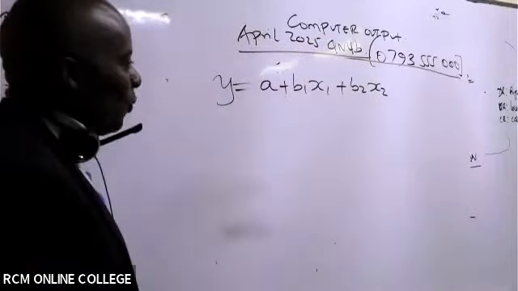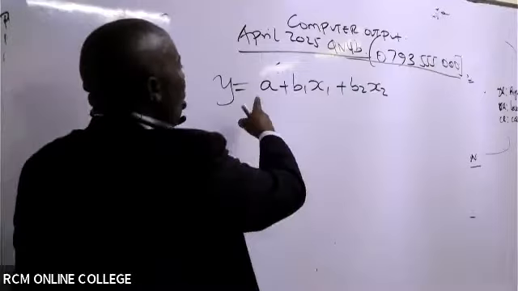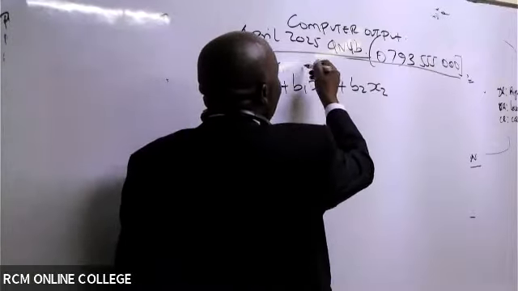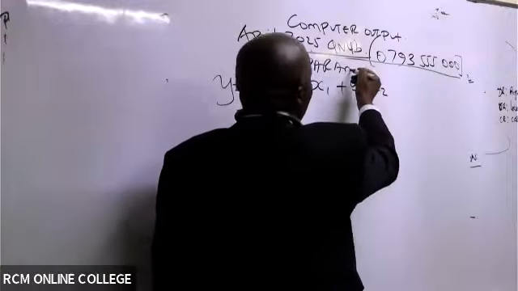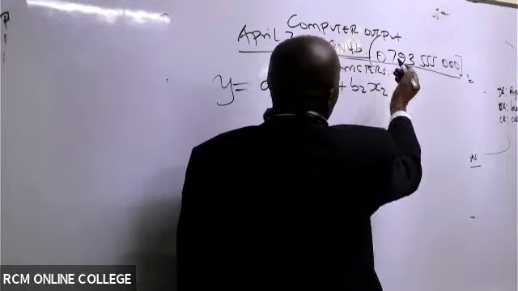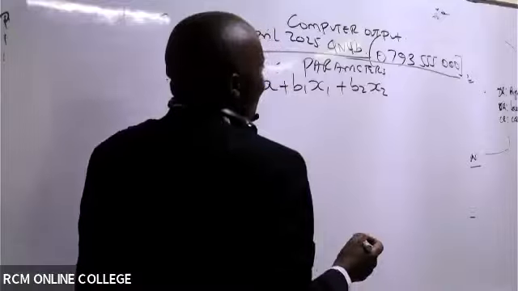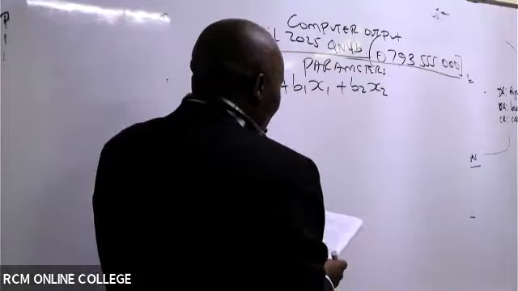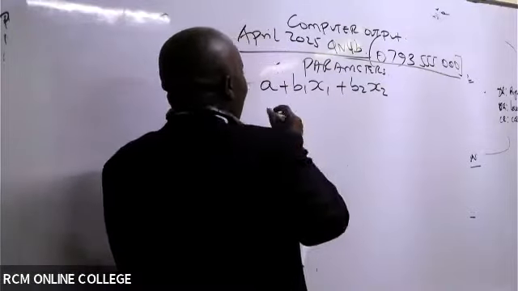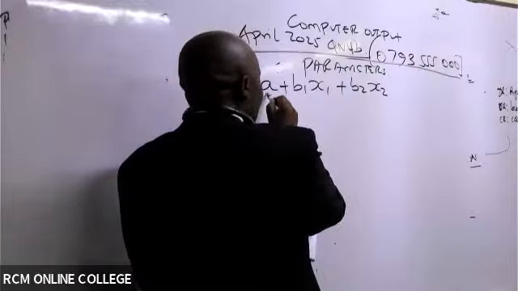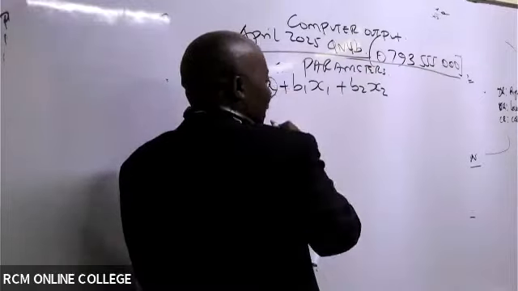Now, remember, we call these ones parameters. In these parameters, automatically, this will be the constant coefficient or the intercept.